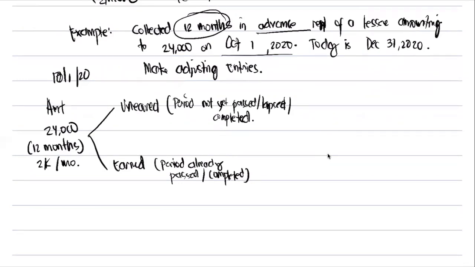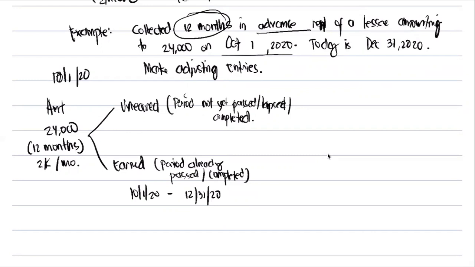So how long is the period on this particular pre-collection that has passed? How many months is our earned? When did it start? October 1. What is the date today? December 31. So this is what has already lapsed, from October 1 to December 31. So October, November, December.